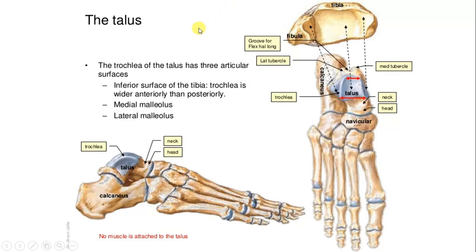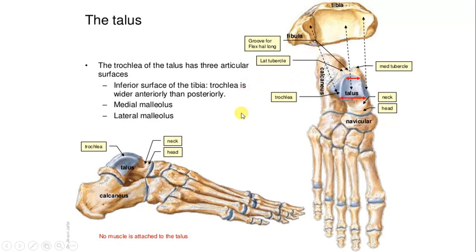Keeping this in mind, the trochlea of the talus has three articular surfaces above, the inferior surface of the tibia. The trochlea is wider anteriorly than posteriorly. The medial malleolus and lateral malleolus are the bones making the ankle joint.